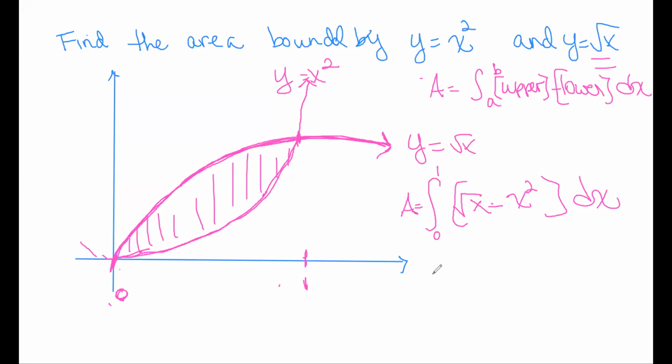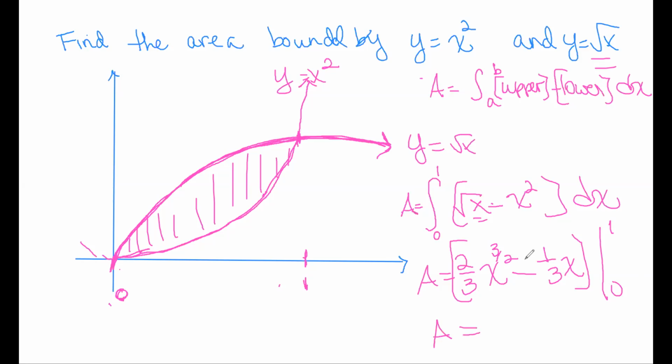So if I integrate this, I'm going to get that the area is equal to, now this would be 1/2, then you would add, and then you would go ahead and divide it, and then that would give you 2/3 x to the 3/2 minus 1/3 x from 0 to 1. And once you do all the work there, you're going to end up with 1/3 for your answer.